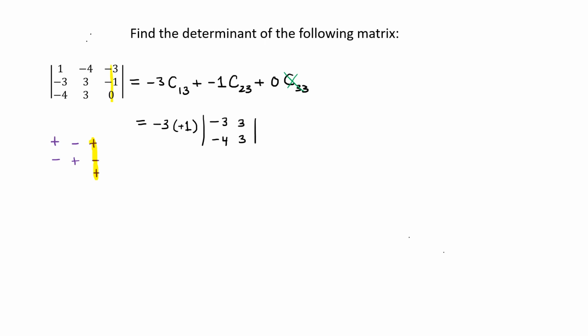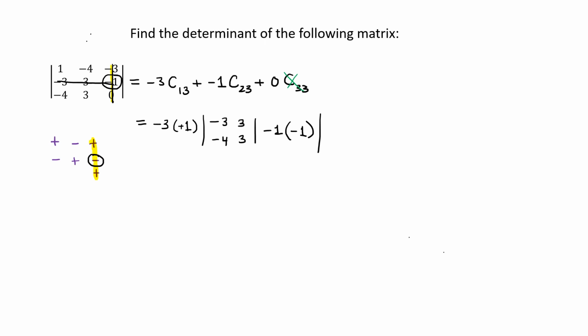Next up, we've got this element, -1. So we have -1 times, from the checkerboard pattern, a -1 that we need to multiply in. And then we're going to find the determinant of the matrix that we get where we cross out the row and column containing this element.